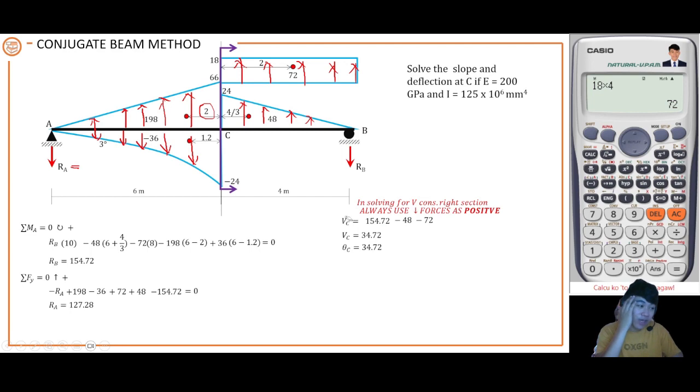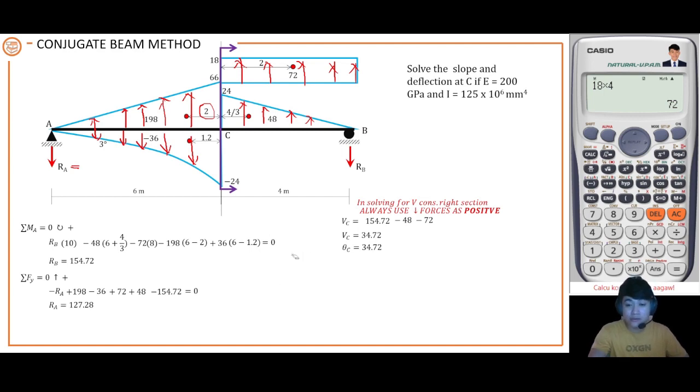Take note, if we have a positive shear here, that is also equivalent to a positive slope in your real beam. A positive shear is a positive slope. So therefore, sign convention here is important for you to identify what will be the direction of your moment. So this positive value is also equal to the positive value on your double integration method.